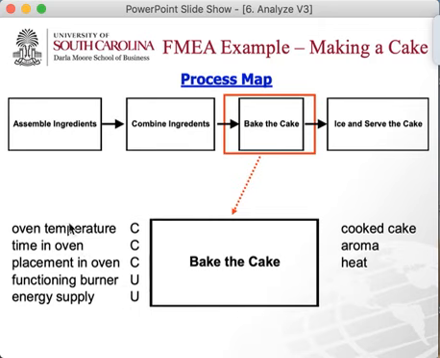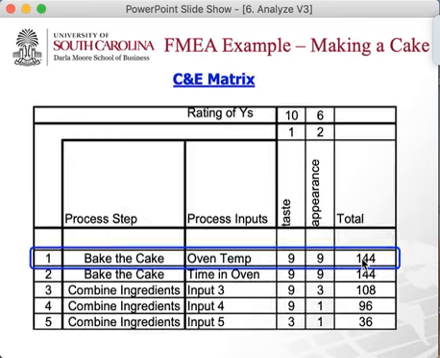All of those things can impact these Y variables: the cooked cake, the aroma, or the heat. So these are X variables, and these are Y variables of that process, right? Let's say I did a cause and effect matrix before, and I found that for bake the cake, oven temperature can impact these two Y variables that we identified, which are taste and appearance, right?